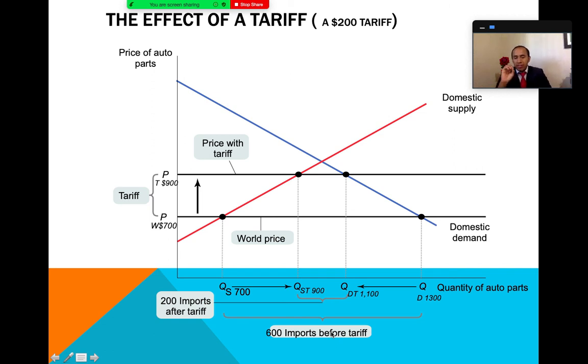So the tariff has done its job. The domestic producers are producing more, from 700 units up to 900 units. They're supplying domestic markets with a greater quantity of goods. The consumers respond by buying a little bit less because they now have to pay more, and the amount of imports has declined from 600 to 200 units.